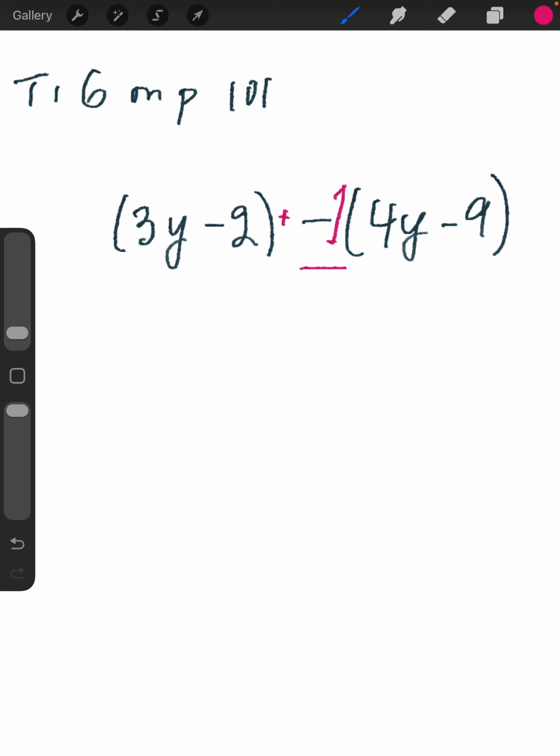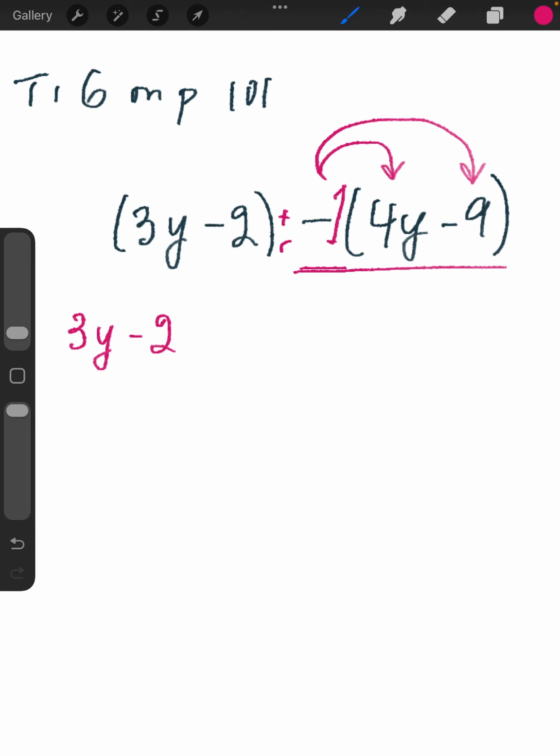So to solve it, we repeat 3y minus 2, since there's nothing we're really doing there, right? And then we open the parentheses for the second expression, negative 1 times 4y and negative 1 times negative 9. So we put our plus sign here, and then negative 1 times 4y becomes negative 4y, and negative 1 times negative 9 equals positive 9, right?